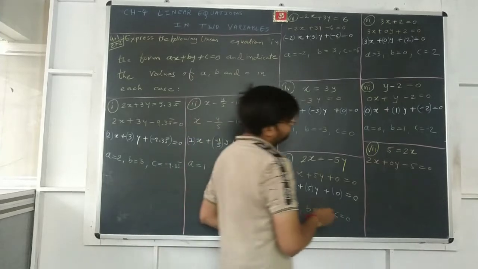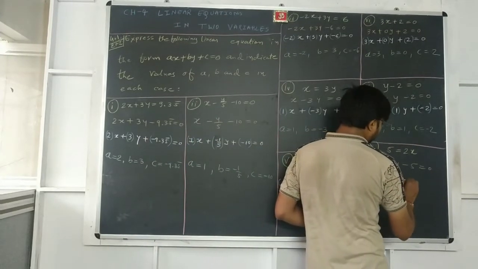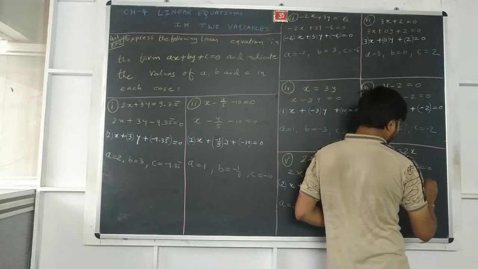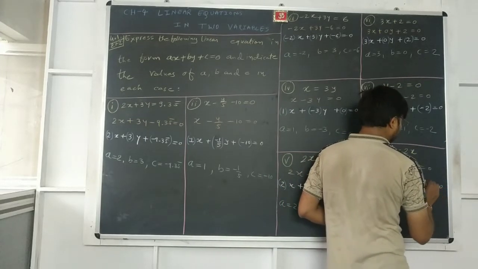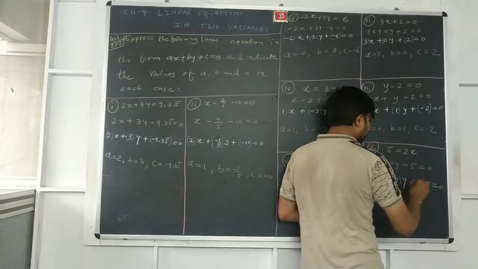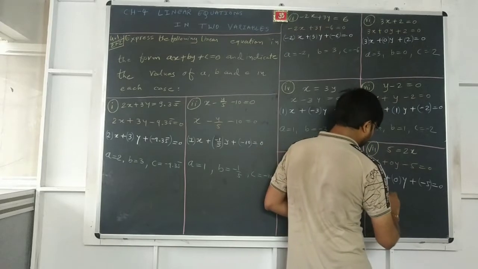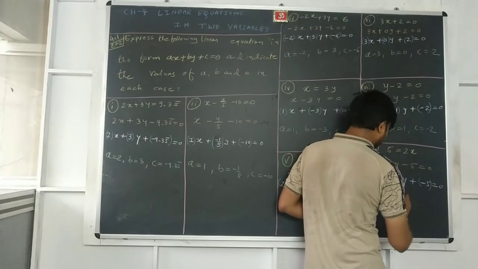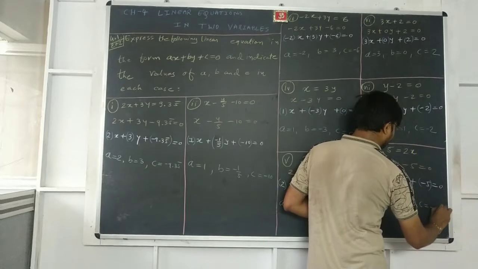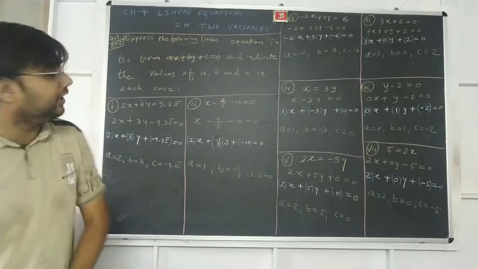The x coefficient is 2, the y coefficient is 0 and the constant term is negative 5. So A is equal to 2, B is equal to 0 and C is equal to negative 5. See this example carefully.